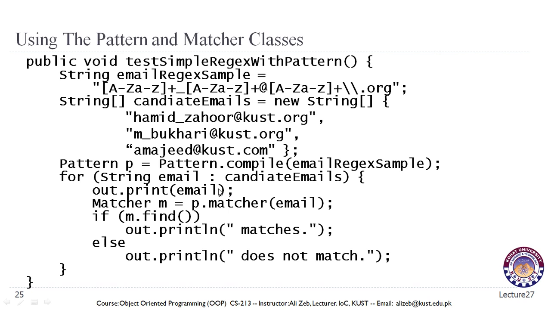Next, we are going through our set of email IDs, trying to match each email ID with this pattern, and storing the result in an object of the Matcher class M. Then we look for the email IDs that match this pattern and say that those are the matching email IDs, and those that do not match will be printed as does not match.